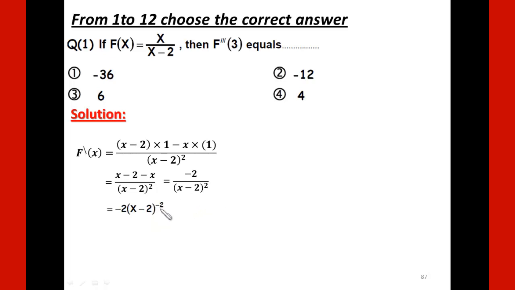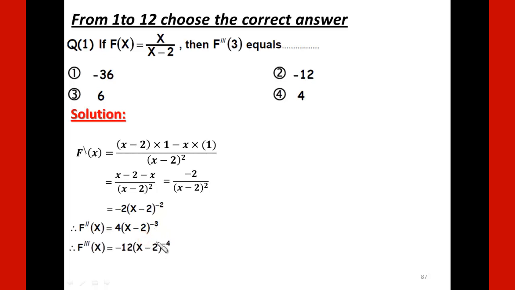Positive 2 will be negative 2. And we make the second derivative, f double dash of x. So negative 2 multiply negative 2 equals 4, x minus 2 all power negative 3. It is the second derivative.